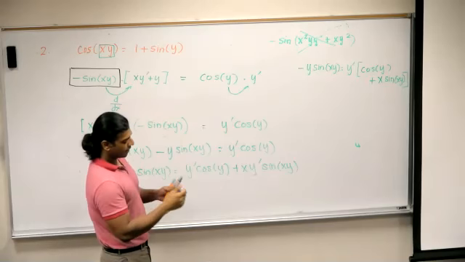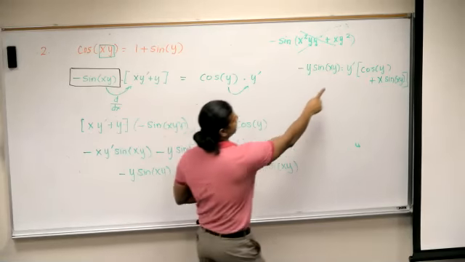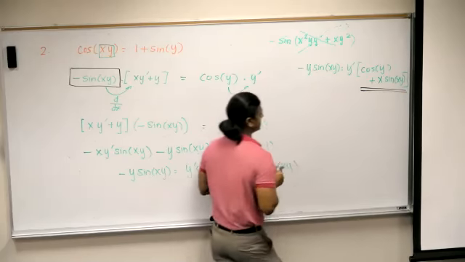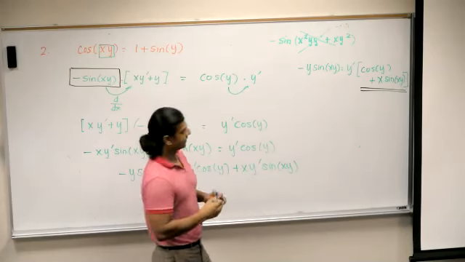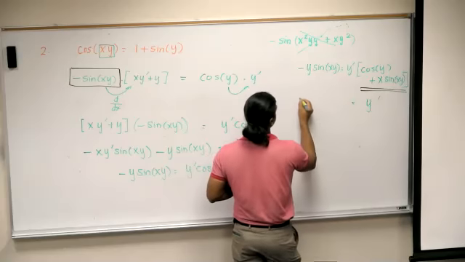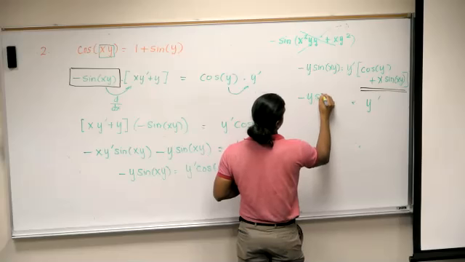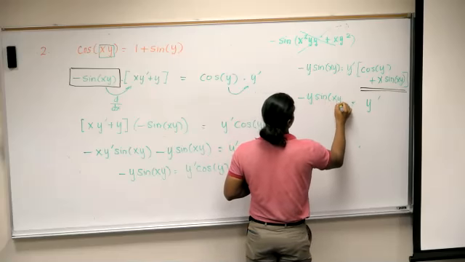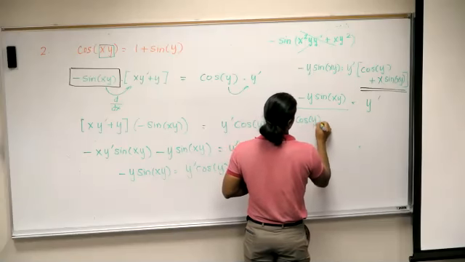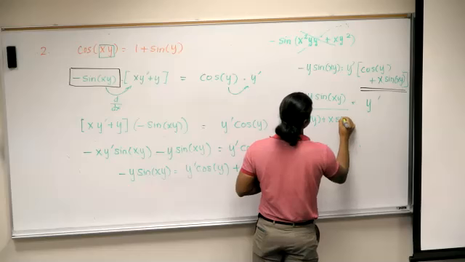Good. I want to solve for y prime, so I'm going to divide by that term on both sides. So y prime would equal minus y sine xy divided by cosine y plus x sine xy.